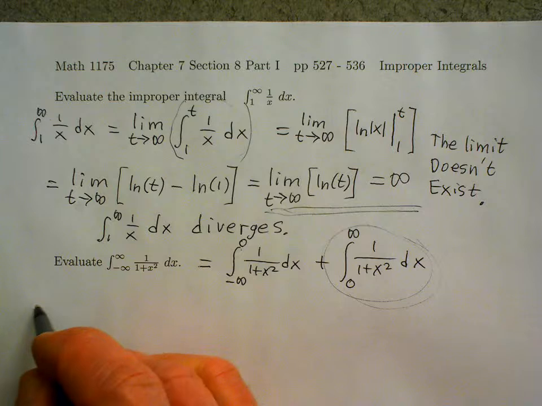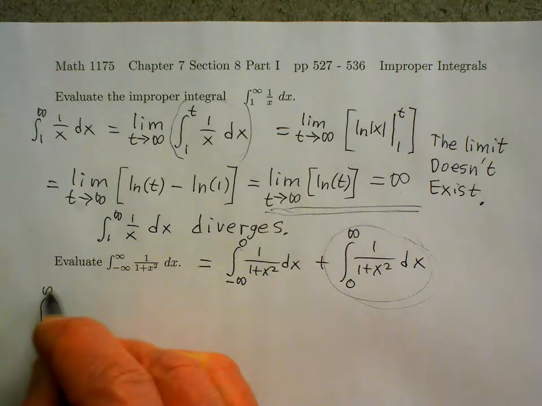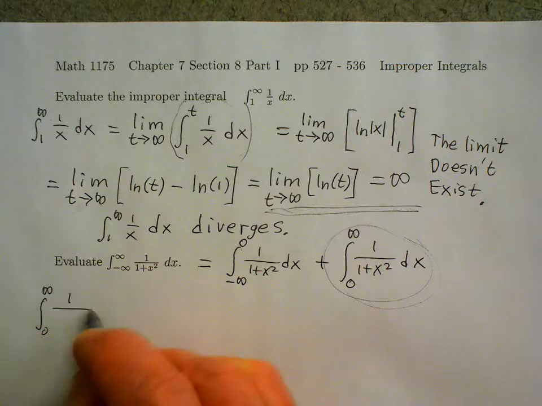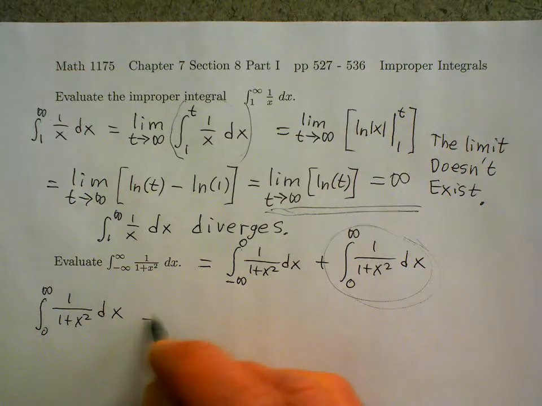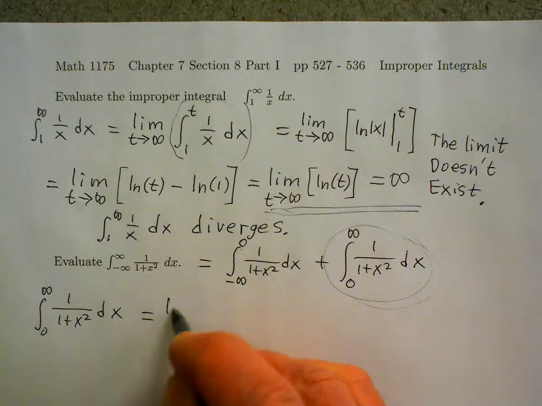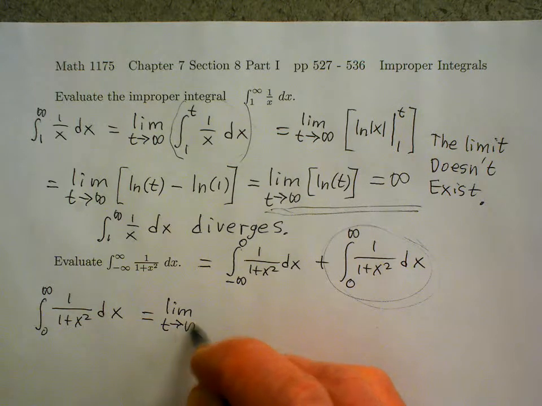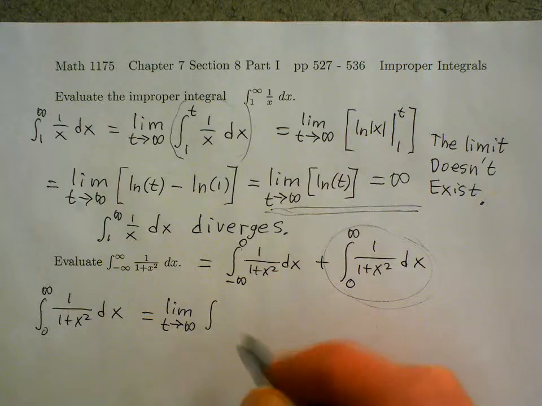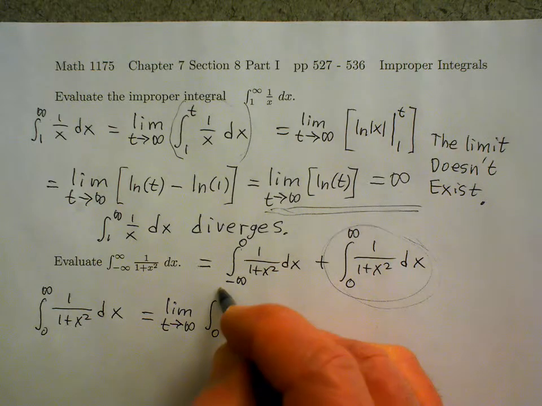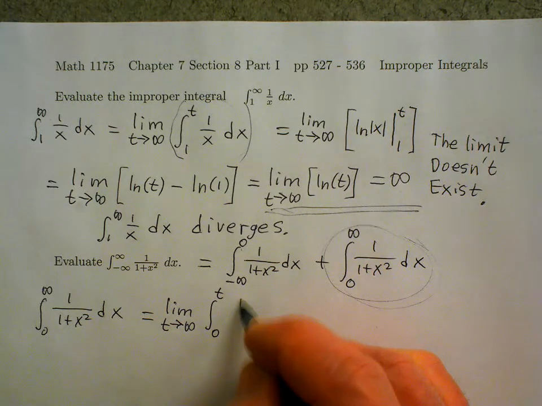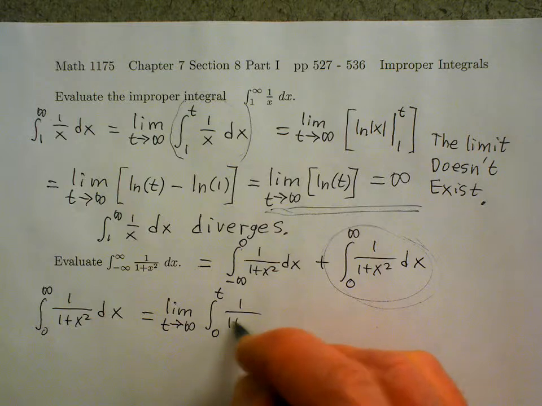So the improper integral from 0 to infinity of 1 over 1 plus x squared dx. We'll write it as the limit as t approaches infinity of the definite integral from 0 to t of 1 over 1 plus x squared dx.